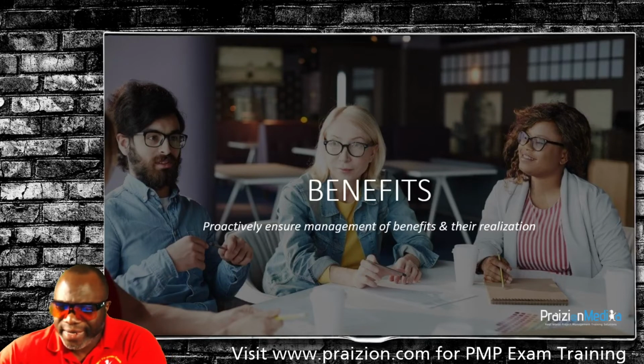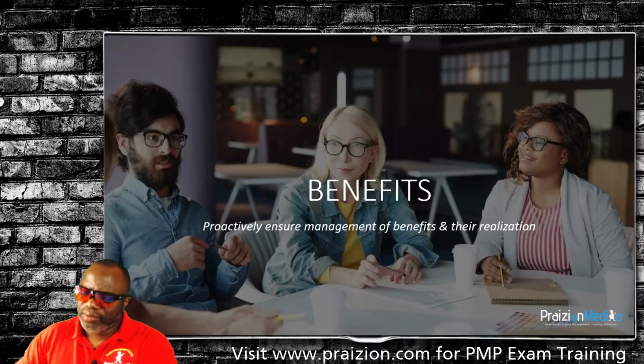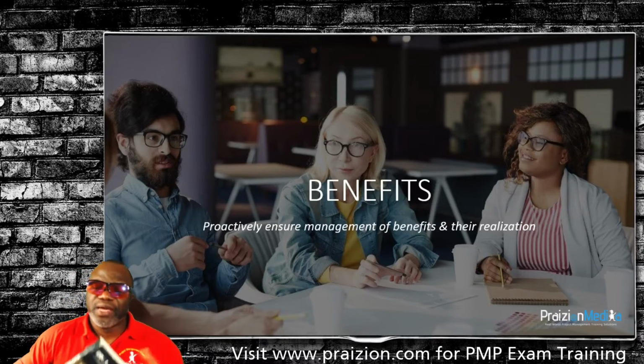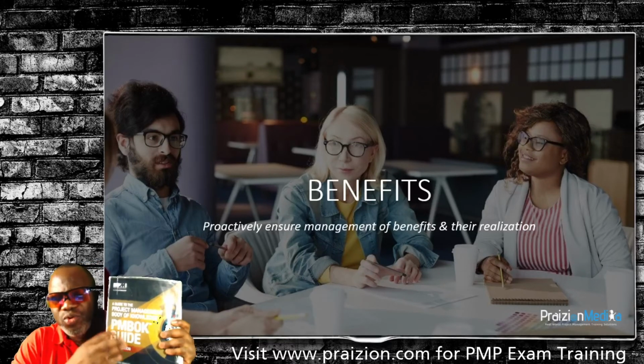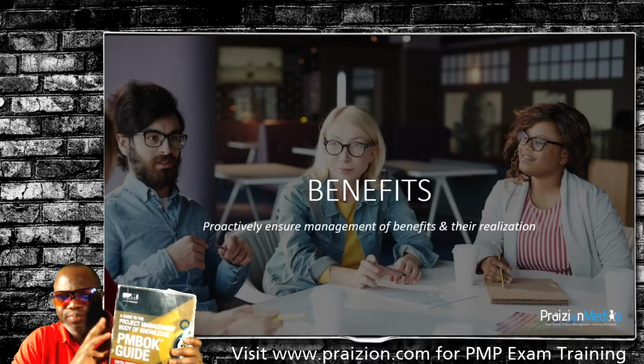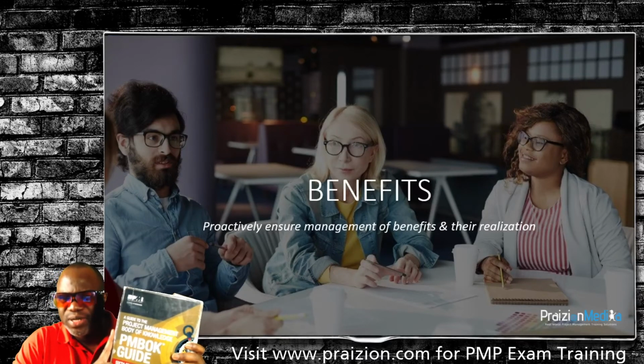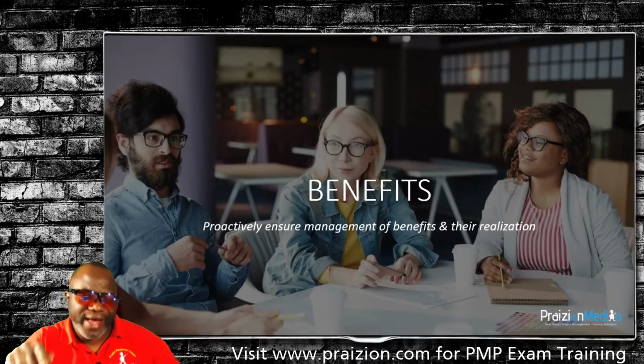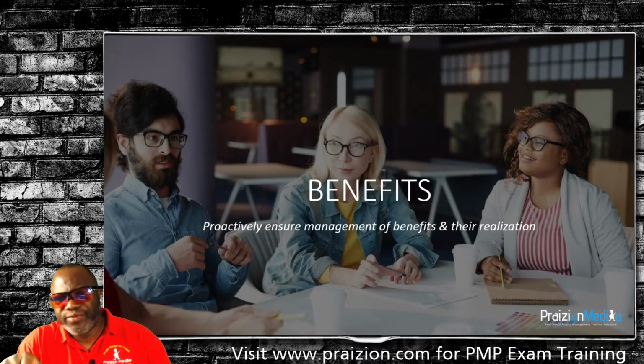Another page that I would highly advise you to read, and PMI, they talk about business as being one of the prongs, one of the domains for this PMP exam. However, there is very poor awareness of where the business data is. You want to read page 7 in this book to understand the concept of value and benefits.